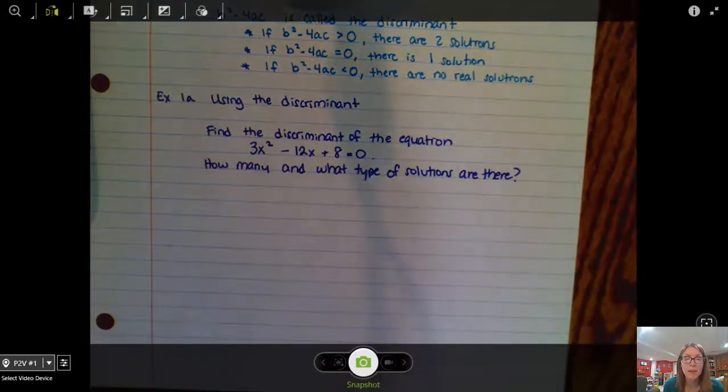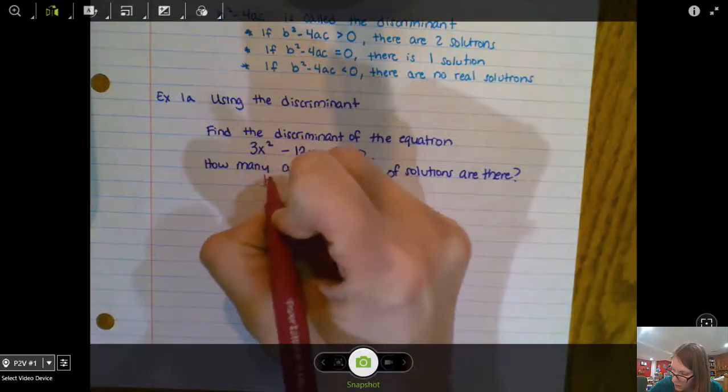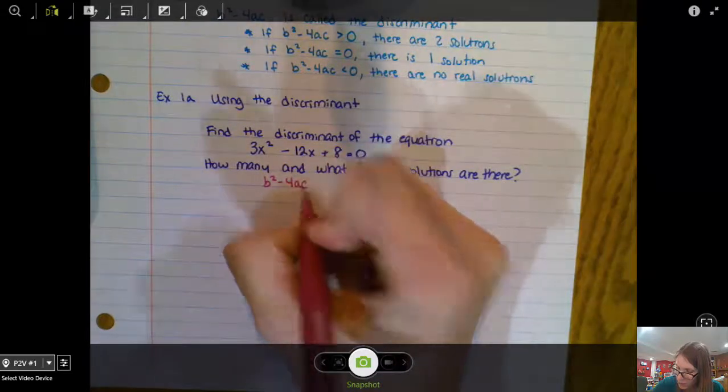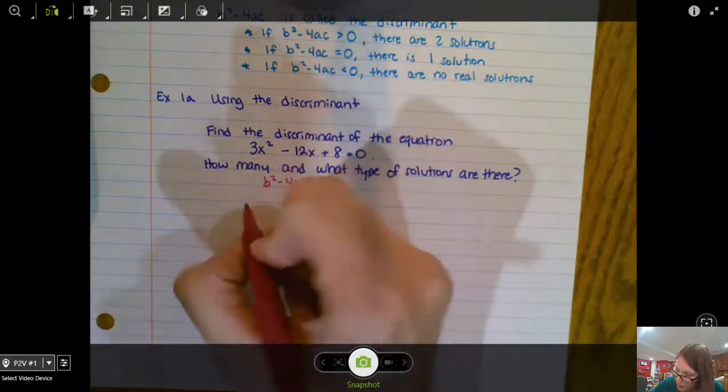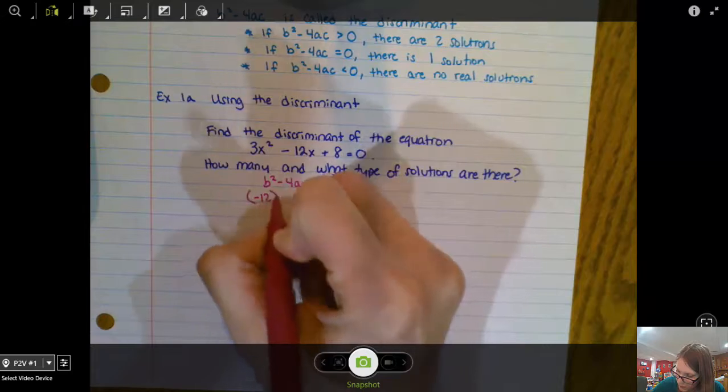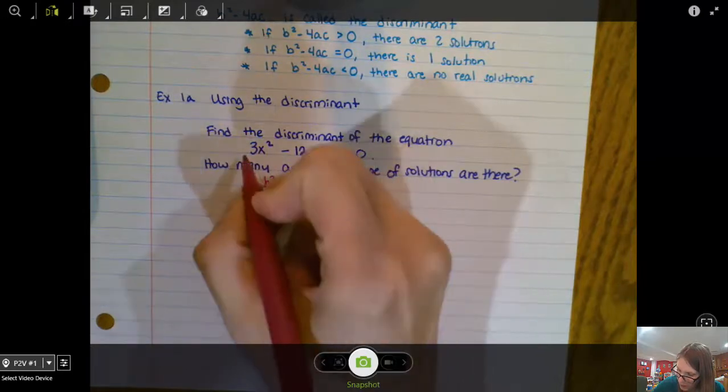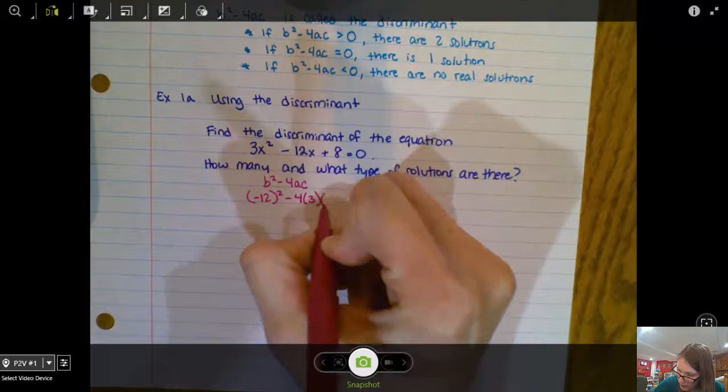Now, I could potentially work through this whole equation and solve our whole quadratic equation, but I'm not asked to find the solutions. I'm just asked to figure out how many and what type of solutions there are. So let's look at that discriminant, b squared minus 4ac. Our b value is negative 12, minus 4 times a times c.